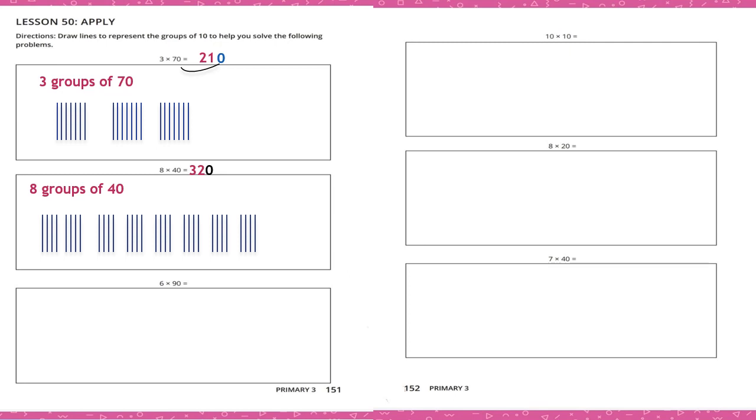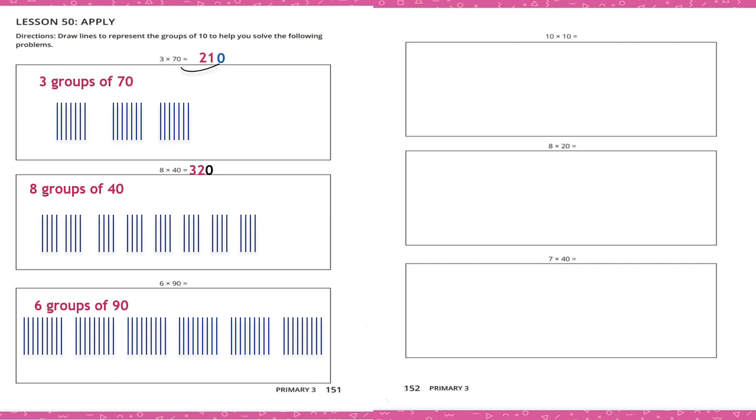Okay. Again, the next one. 6 times 90. It means 6 groups of 90. Each group contains 9 sticks, 90. So 6 groups of 90, I can add 90 plus 90 plus 90, 6 nineties.